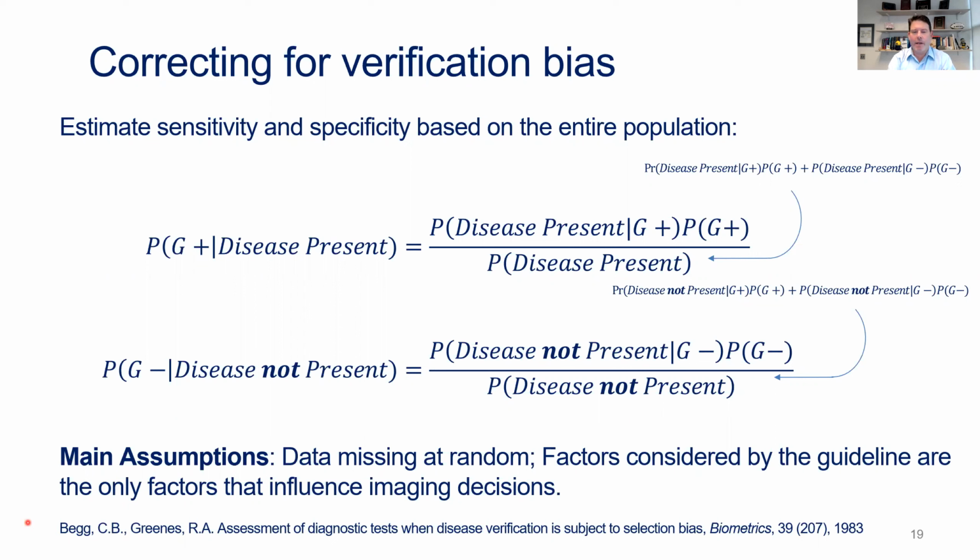But missing at random means that missingness is predictable using covariates that are available. Essentially we're assuming that the factors considered by the guideline, or the factors we have available to us in our data set, are the only factors that influence imaging decisions. That seems fairly reasonable when you have a comprehensive data set, but it's not perfect.